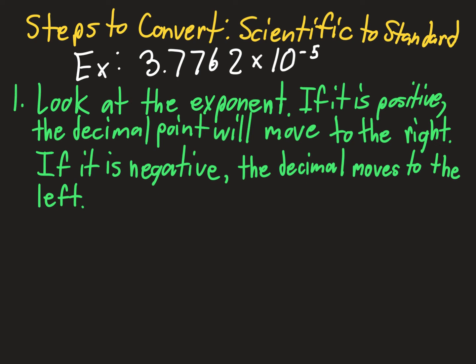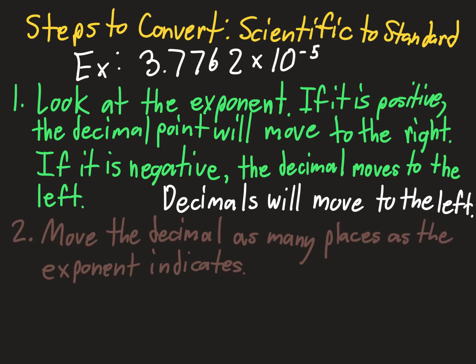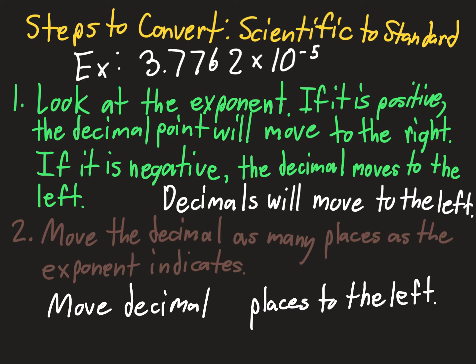If it's negative, remember negative exponents are the same thing as division. So if it's negative, the decimal will move to the left. In this case, the decimal moves to the left because we have a -5. Move the decimal as many places as the exponent indicates. Since the exponent is a 5, we're going to move 5 places.